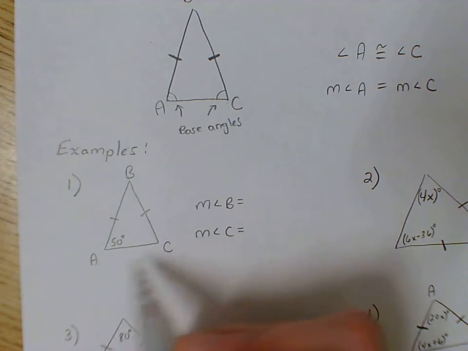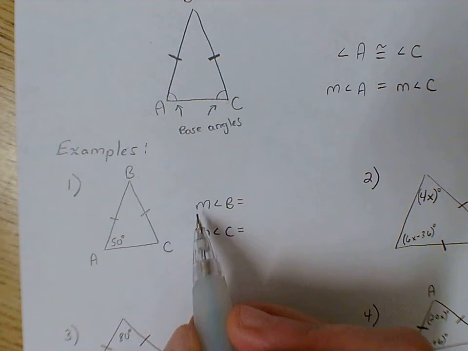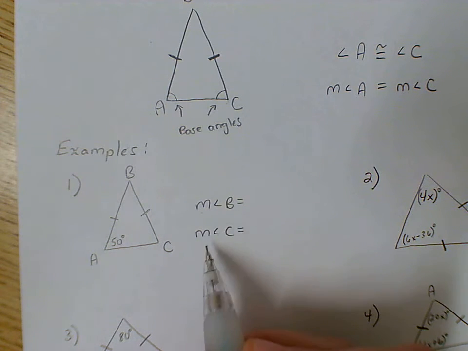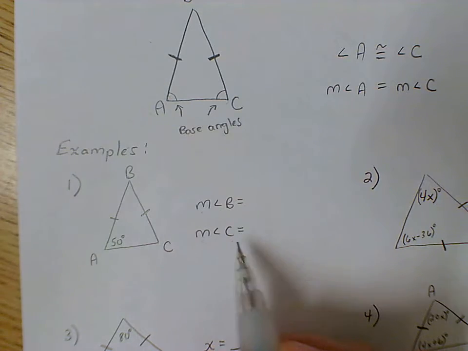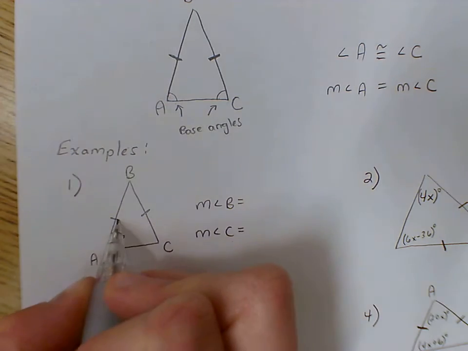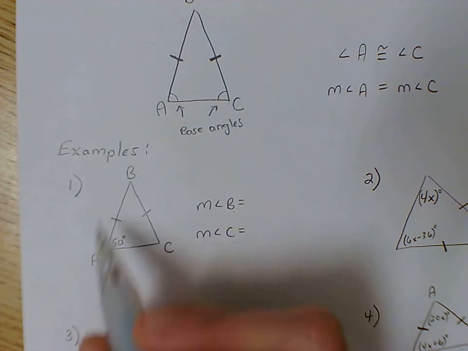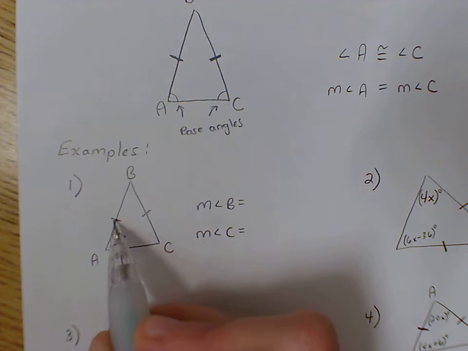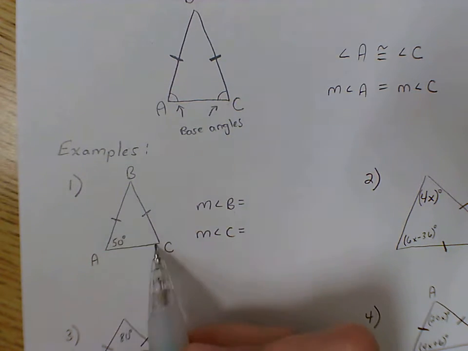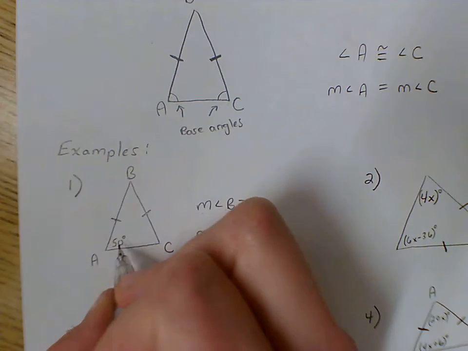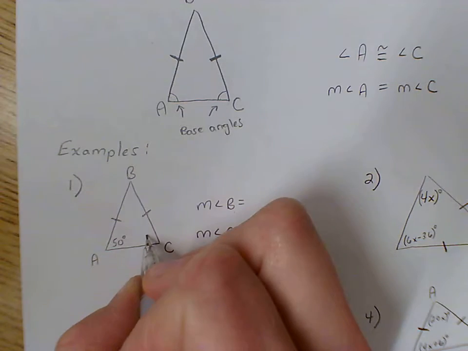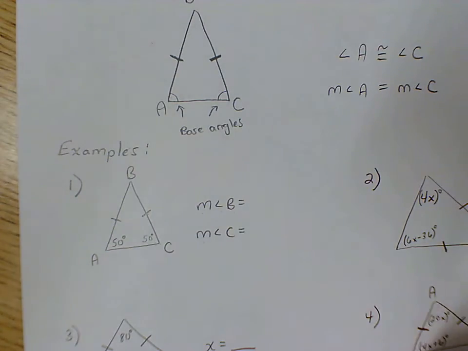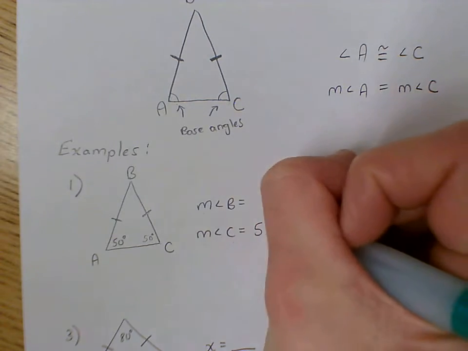When I look at this triangle, we have to find the measure of angle B and also the measure of angle C. One of these angles I can find super quick just by knowing that theorem, because angle A is across from one of my congruent sides, and the other angle across from the congruent side is angle C. So angle A and angle C are congruent, and angle C would have the same measure as angle A. Right off the bat, I know angle C is 50 degrees.